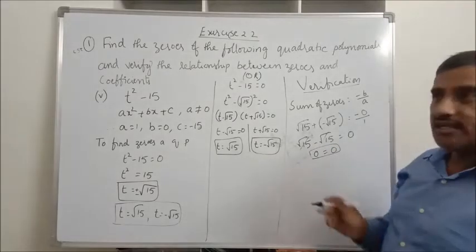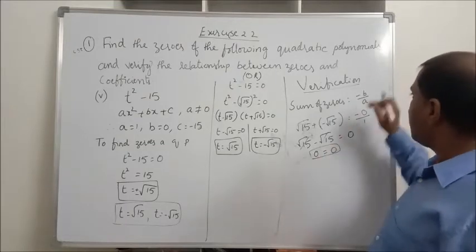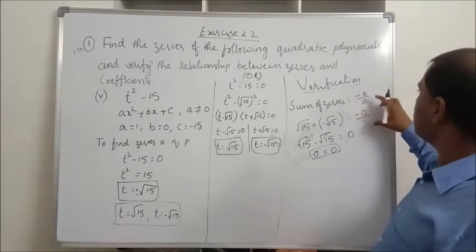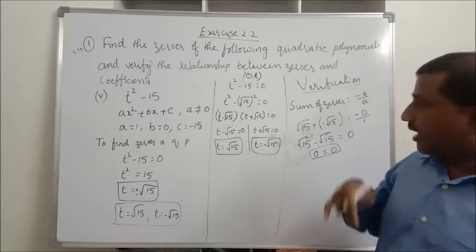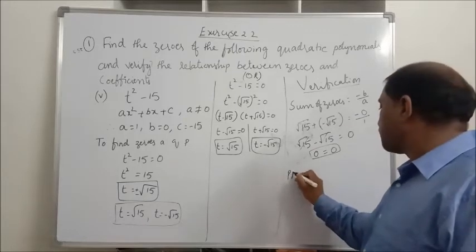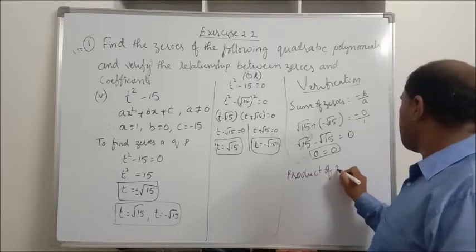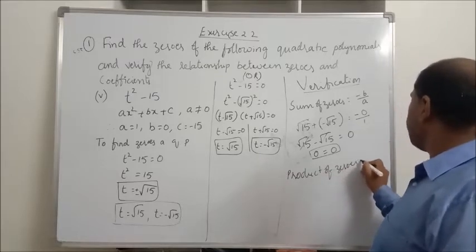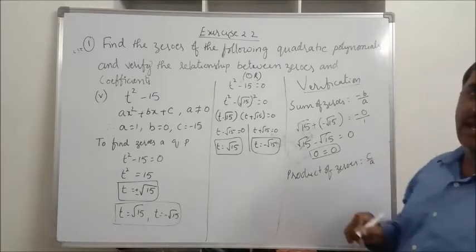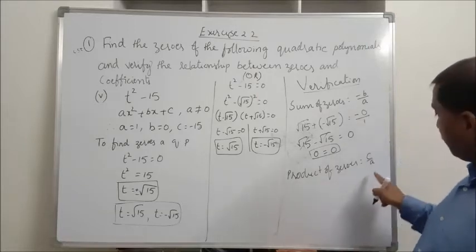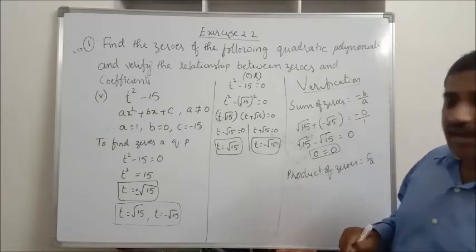Is it clear? For the sum of the zeros we got 0, and the relationship also gives 0. Now we will discuss the product of the zeros. Product of zeros is equals to c by a, where c is the constant term, a is the coefficient of x square.